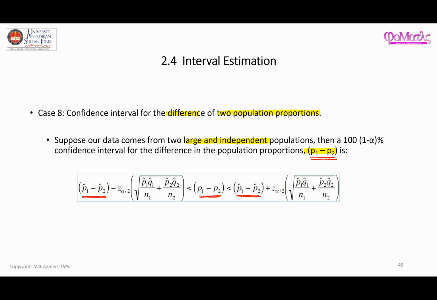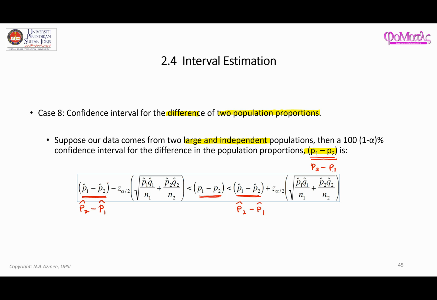Now if you are interested to switch the position, let's say you want the difference P2 minus P1, you have to change this bit accordingly. So this will be changed to P hat 2 minus P hat 1. It has to follow the convention. Similarly for this one, it also has to be changed to P hat 2 minus P hat 1.